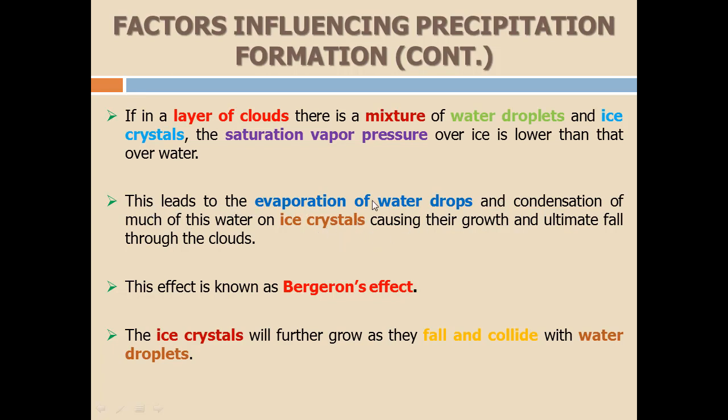This leads to the evaporation of water drops and condensation of much of this water on ice crystals, causing their growth and ultimate fall through the clouds. This effect is known as the Bergeron effect. The ice crystals will further grow as they fall and collide with water droplets.